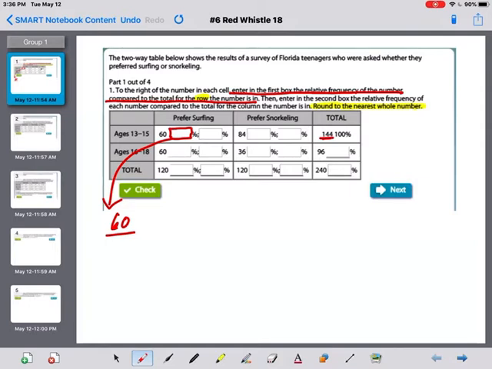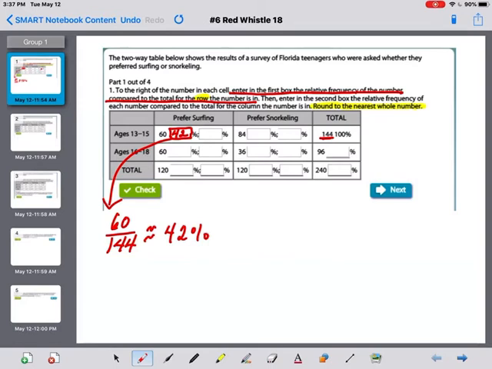If I look all the way to the right, the total for that row is 144. So on my calculator, I want to take 60 divided by 144. I can either move my decimal point 2 places to the right, or multiply by 100, same thing. And we want to round to the nearest percent. So that's going to be approximately 42%. That would be your answer for that box.